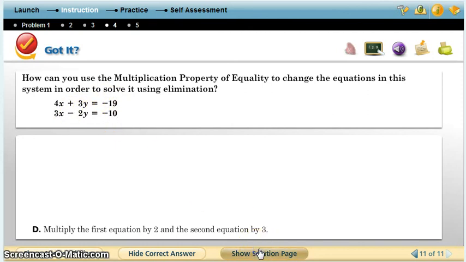So what I would like for you to do is go through and multiply the first equation by 2 and also multiply the second equation by 3, and then look at your two new equations and eliminate the variable that has the common, or the same, coefficient. Once you've multiplied your two equations, you're actually back to the very first type of elimination questions we did, where they matched and you could simply eliminate immediately.